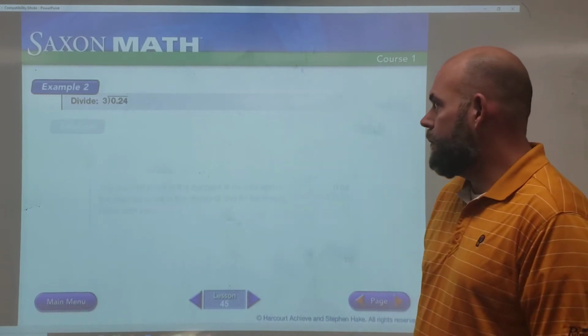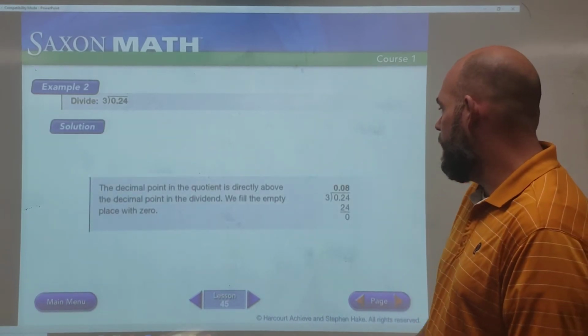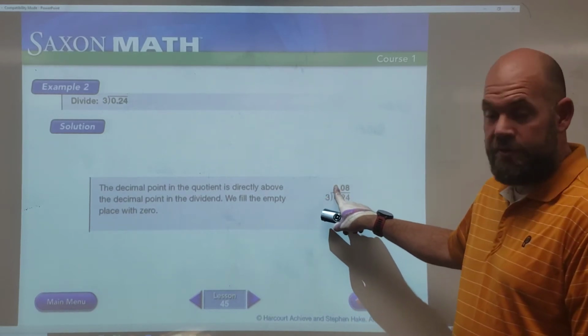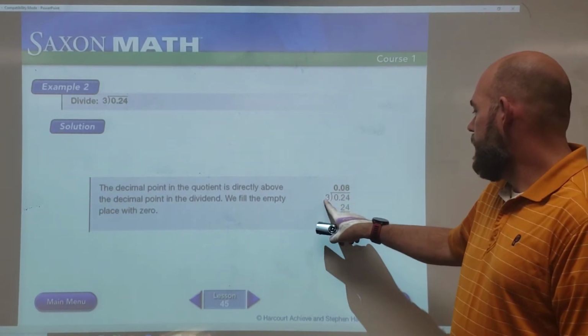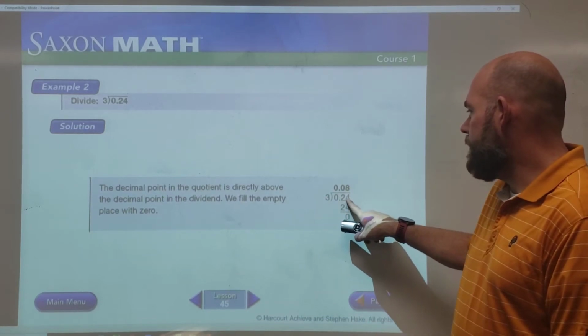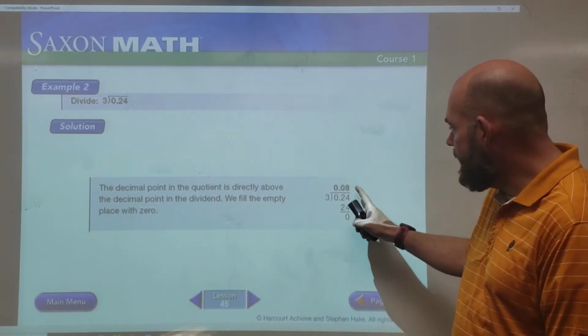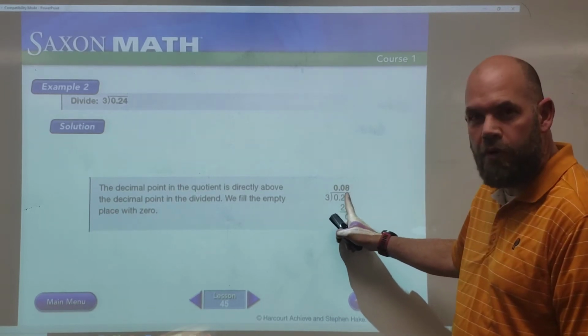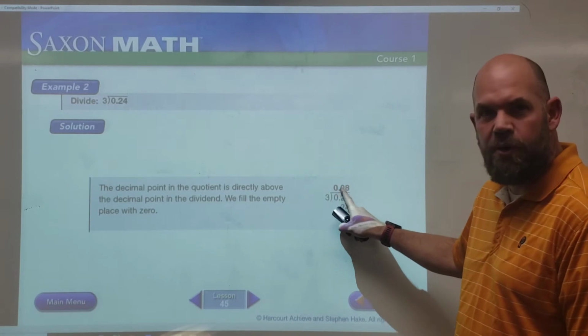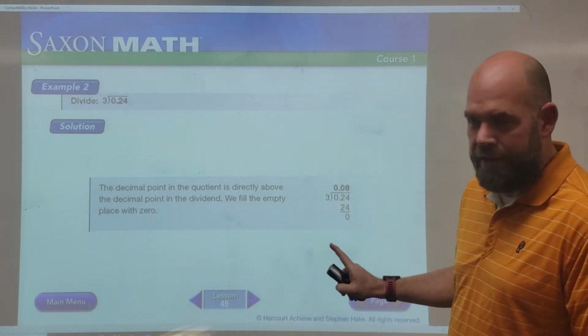Let's do it again with 0.24 divided by 3. So here we go, 3 goes into 0 zero times. Then 3 goes into 2 zero times. 3 goes into 24 8 times. Now see how we're lining that 8 up on the 24. Because 3 can't go into 0, 3 can't go into 2, so we're putting zeros there just to hold the place.